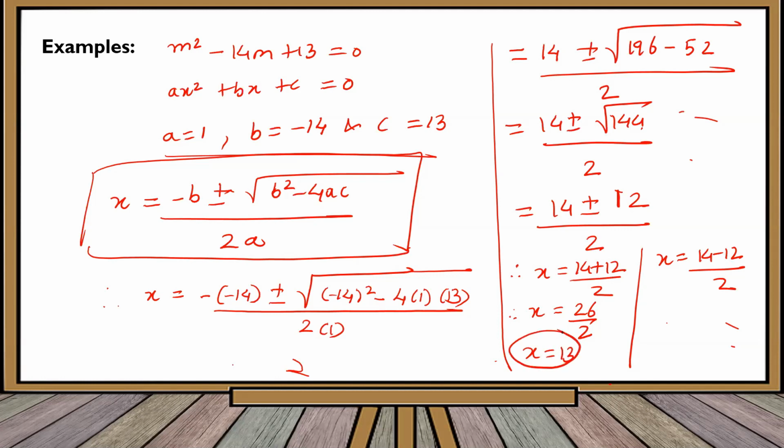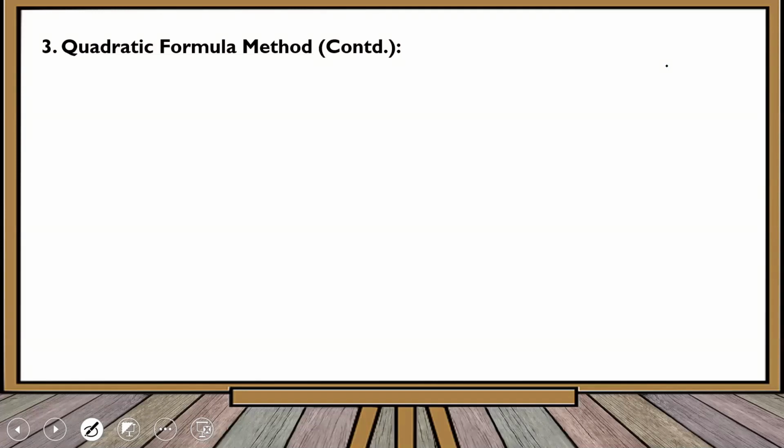Now 14 minus 12 will be 2, so x is equal to 2 upon 2, x is equal to 1. So this is the way wherein we can solve the quadratic equation by the quadratic formula method. Simple. Now there's one thing that I want to share with you regarding existence of roots.